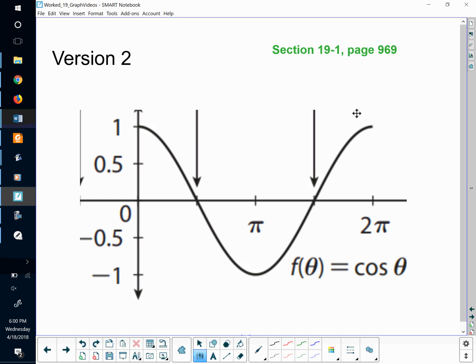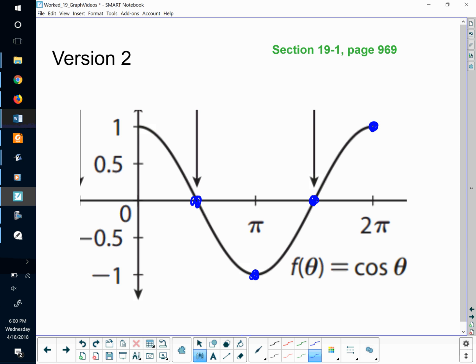Okay, we're going to solve question number 4 on page 969 by a second version, the parent function version. Using the parent function version, we're going to remember we've got some key points on this graph, 5 key points.